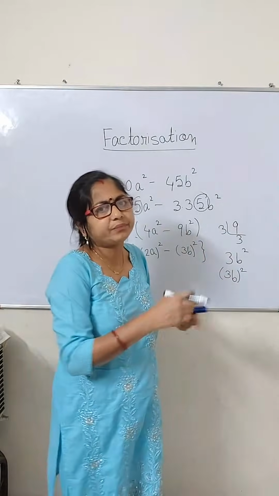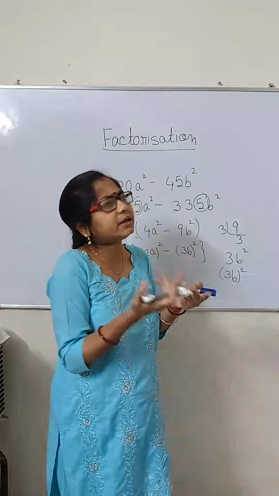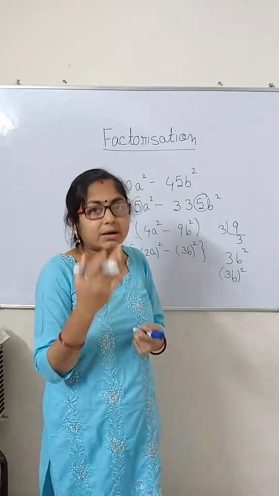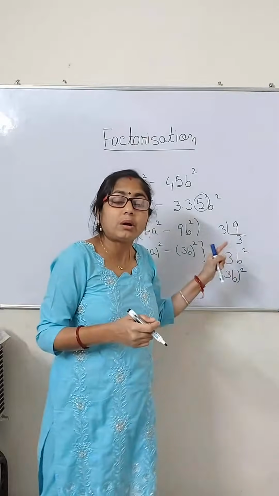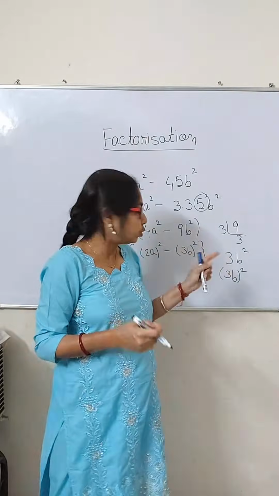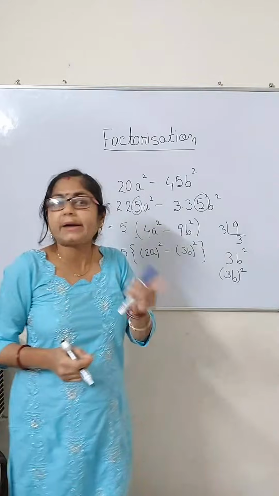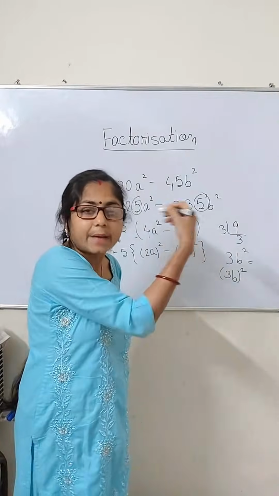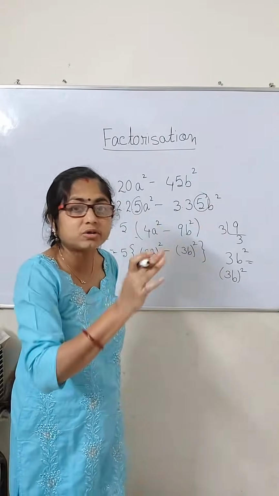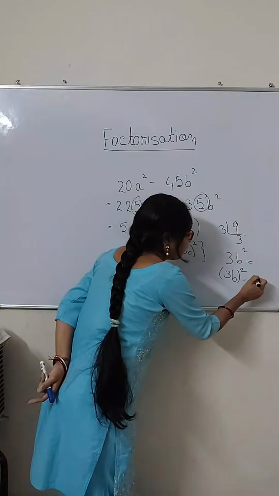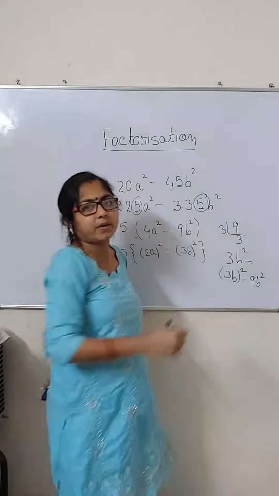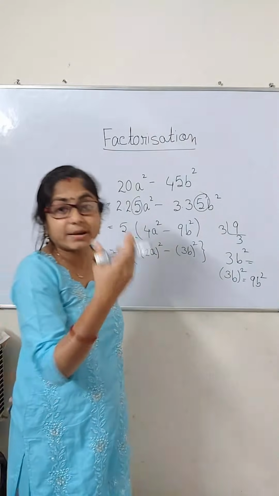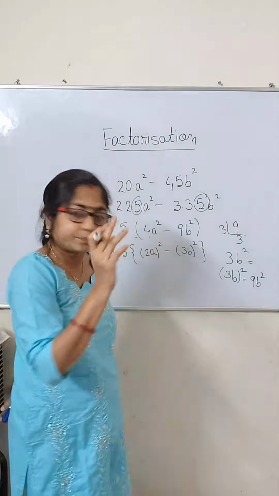They write, ma'am, I know it is 3b whole square, but at the time of writing they write only 3b square, not using the bracket. Without the bracket it is not possible, because here the square is only outside of the b, only b square, not 3 square. So it becomes 9b square. Clear? This is the main mistake of the kids, I tell you this one. Okay.